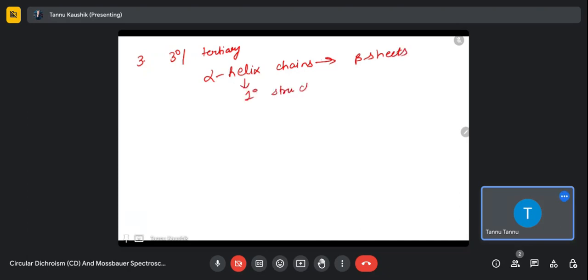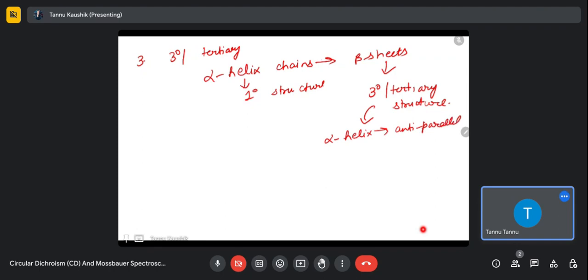These beta sheets together form the tertiary structure, where alpha helix, when associated anti-parallel to each other, will form beta sheets, and if parallel, it will give rise to random coils.